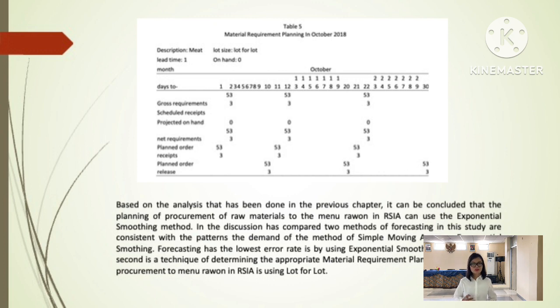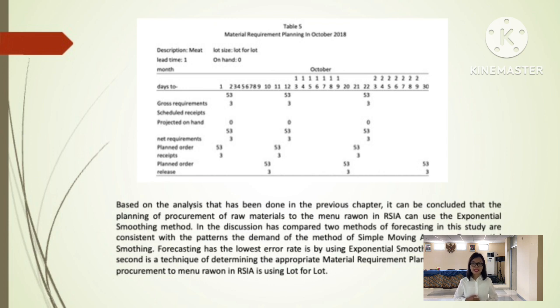So, the conclusion of this presentation is, based on the analysis that has been done, it can be concluded that the planning of procurement of raw materials for the rawon menu in RSIA can use the exponential smoothing method.